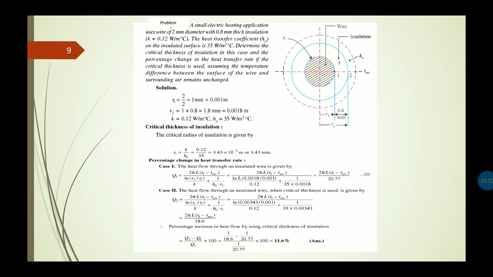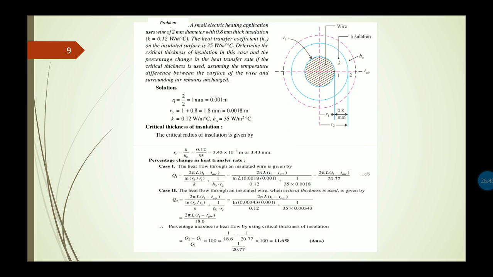If we put in the values of Q2 and Q1, we will get the percentage increase in the heat flow, if we use the critical thickness of insulation, as 11.6%. This is the procedure by which we have solved this numerical regarding the critical thickness of insulation, and by considering the critical thickness we have calculated the percentage increase in the heat flow for this wire.